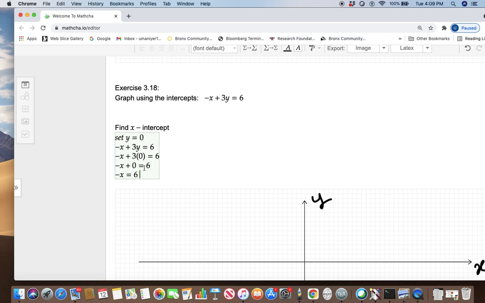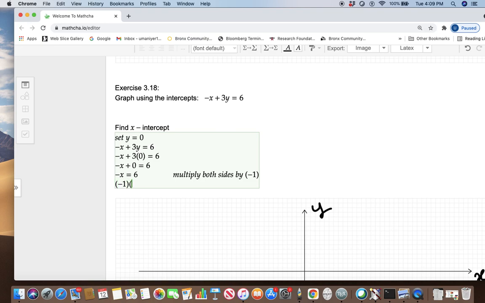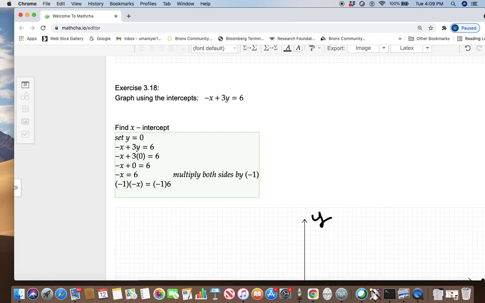Negative x equals 6. I want to solve for x, so multiply both sides by negative 1. You have negative 1 times negative x equals negative 1 times 6. We have x equals negative 6. So that is your x-intercept. You have x-coordinate negative 6, y-coordinate 0.